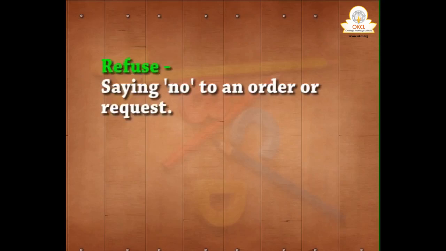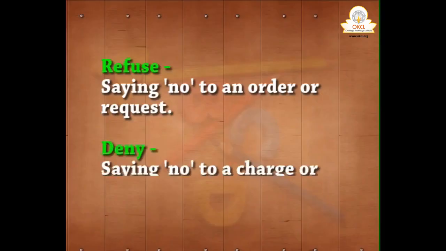How? Refuse is what? When you say no to an order, someone is asking you to do something and you say, I won't do it. That means you refuse to do that. You refused to carry out that order. Understand, whenever you say no to an order or request, that is refuse.